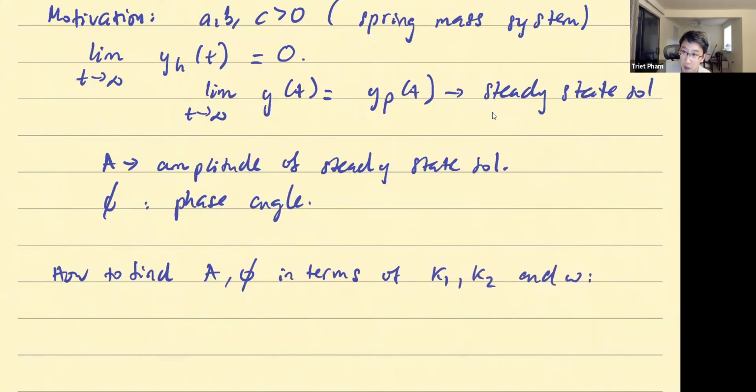So basically, it's about equating coefficients and remembering your trig identity. So you have K1 cosine omega t plus K2 sine omega t is A cosine omega t plus phi.